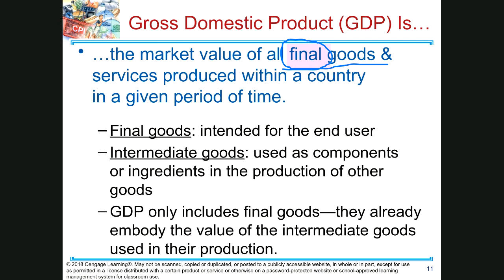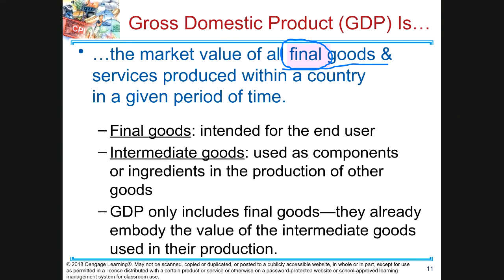Somebody bought it, somebody sold it, when it was first a new car that was captured in GDP. Then if somebody drove it 4 or 5 years and sold it to someone else, those are not part of GDP.